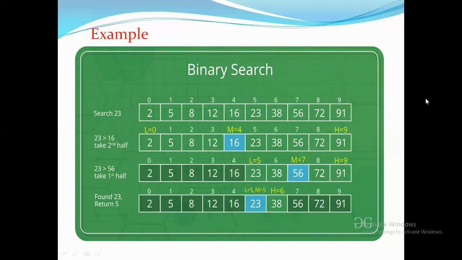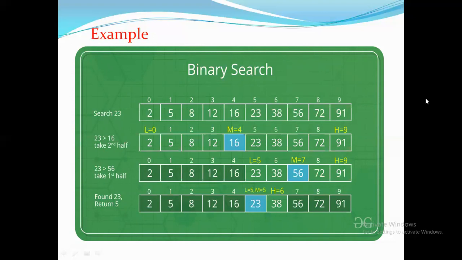23 is greater than the middle element, so we modify low to middle plus 1, and low becomes 5. Again we compare: low is 5, high is 9. 5 plus 9 is 14, 14 by 2 is 7. The seventh position element is 56.